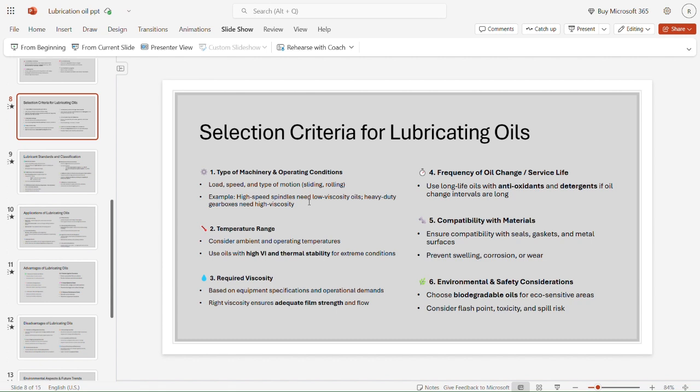As we discussed, viscosity is one of the important properties in lubricating oil selection, as well as its application. Basically, we select the lubricating oil based on viscosity to ensure adequate film strength and flow. Frequency of oil change and service life is also an important criterion. So here are the criteria for selection of lubricating oil.